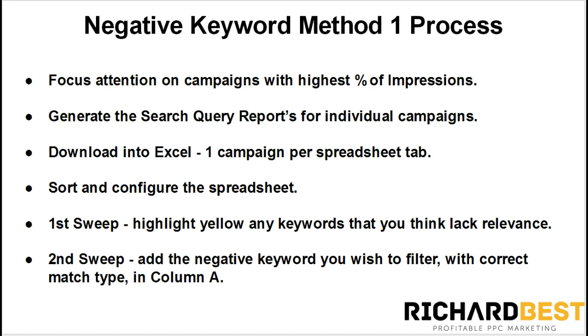Then we follow this with a second sweep where we add the specific negative keyword that we wish to filter with the correct match type in column A. So this just leaves it nice and easy for us to be able to pull that data out of the spreadsheet and add it into the campaign so that our negative keywords become effective within our account.